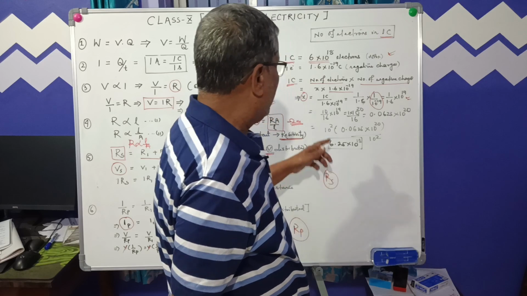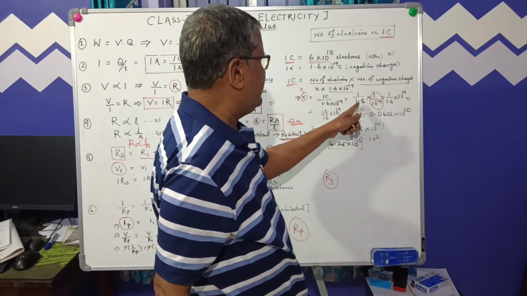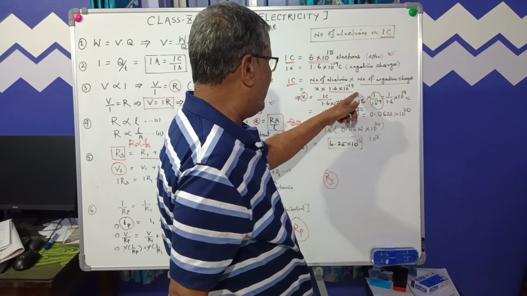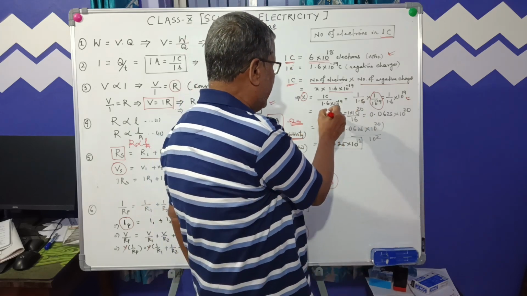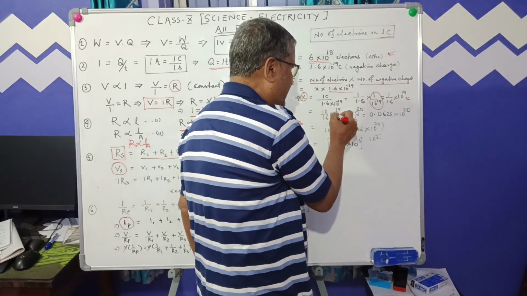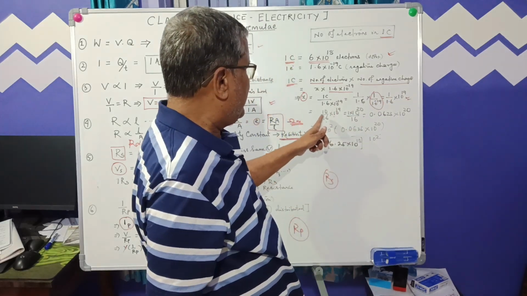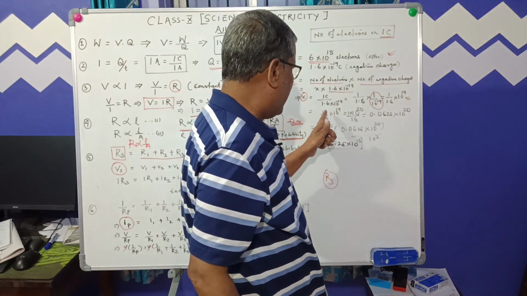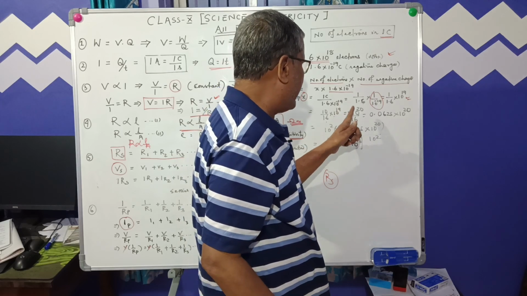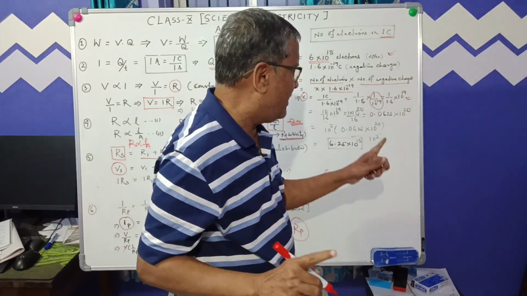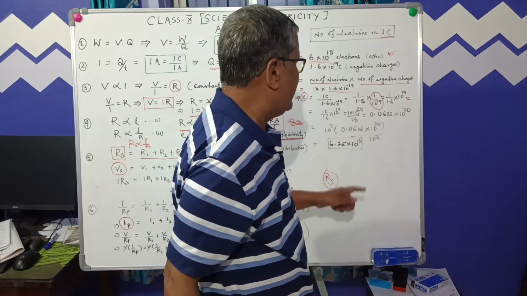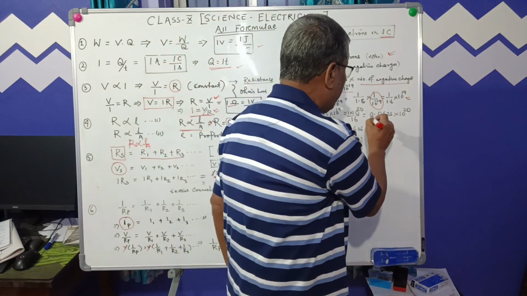Here 1.6 means 16 by 10, so we can write 10 by 16 into 10 power 19. Now 10 power 1 into 10 power 19 is 10 power 20, 19 plus 1. So 1 into 10 power 20 by 16.